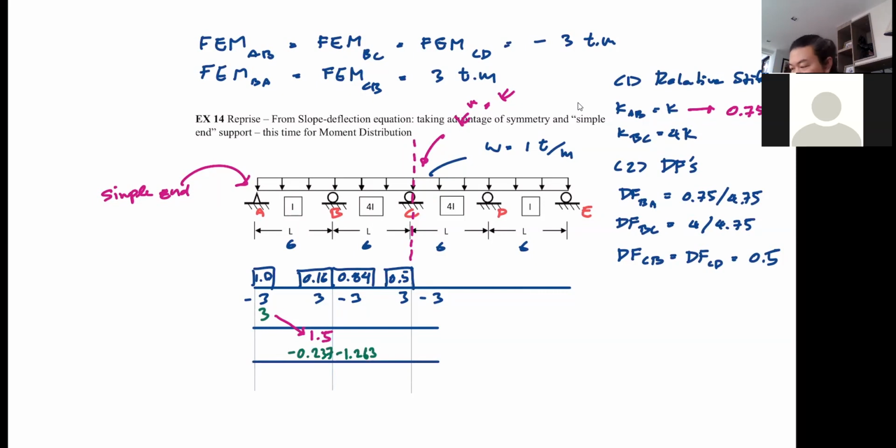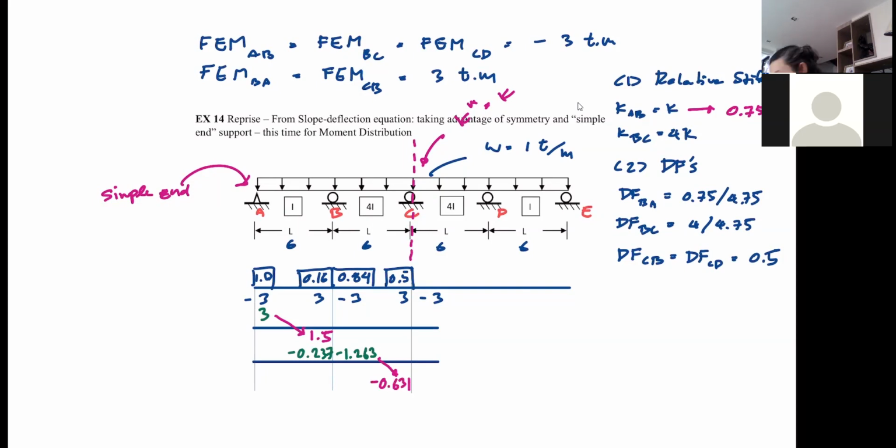Now because this is a simple end on the left, we don't do this. We don't bring it back. We bring this to this, and that is going to be -0.631.